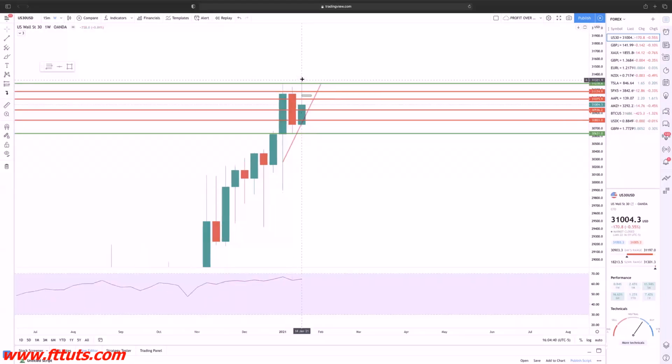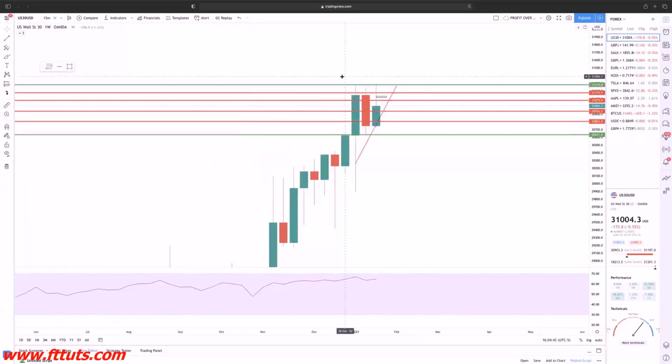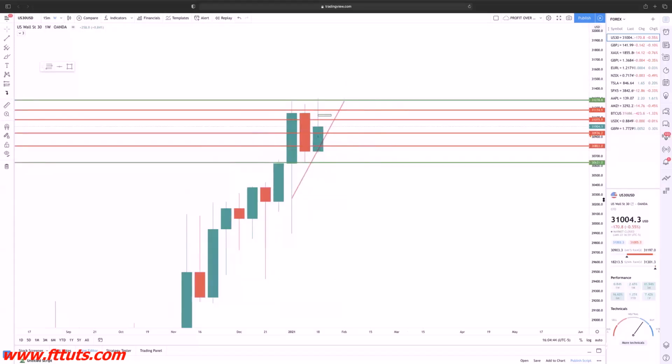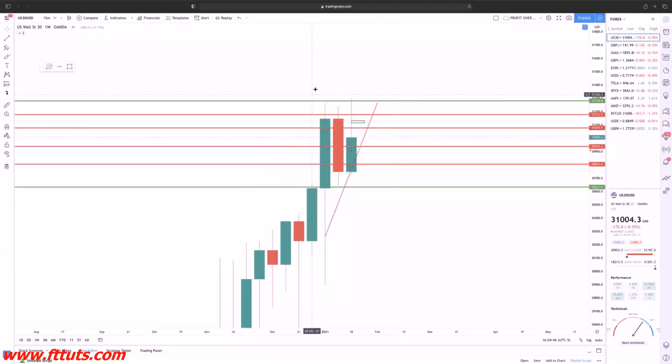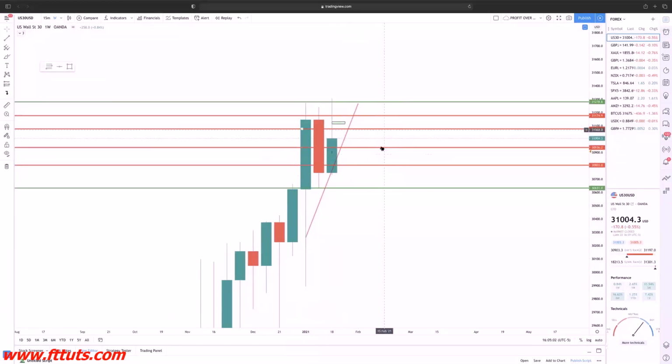Why? This week right here touched this resistance and closed down. This week right here didn't even get to it. And then this is the week that just passed, and it went all the way up here, made a new high, and then rejected and came down. So it could keep consolidating like this on a weekly level.